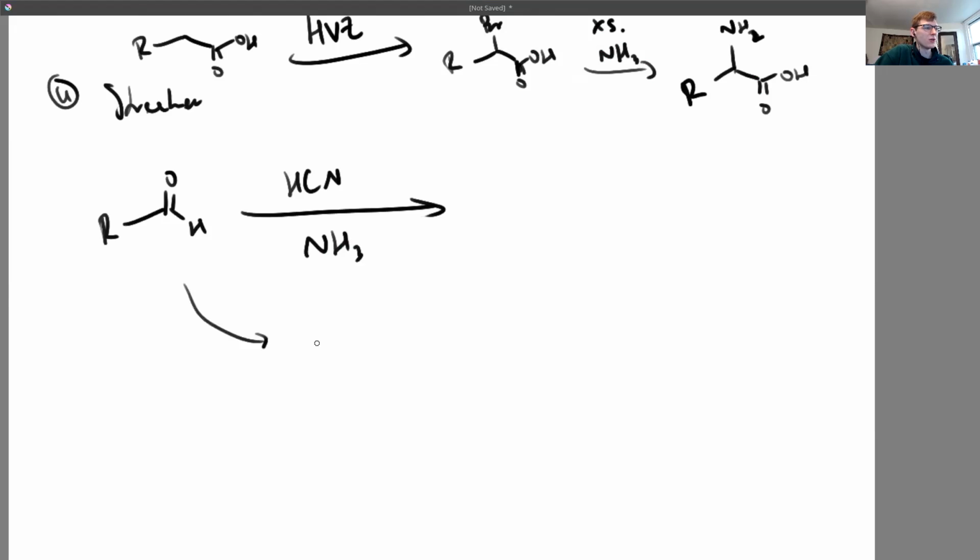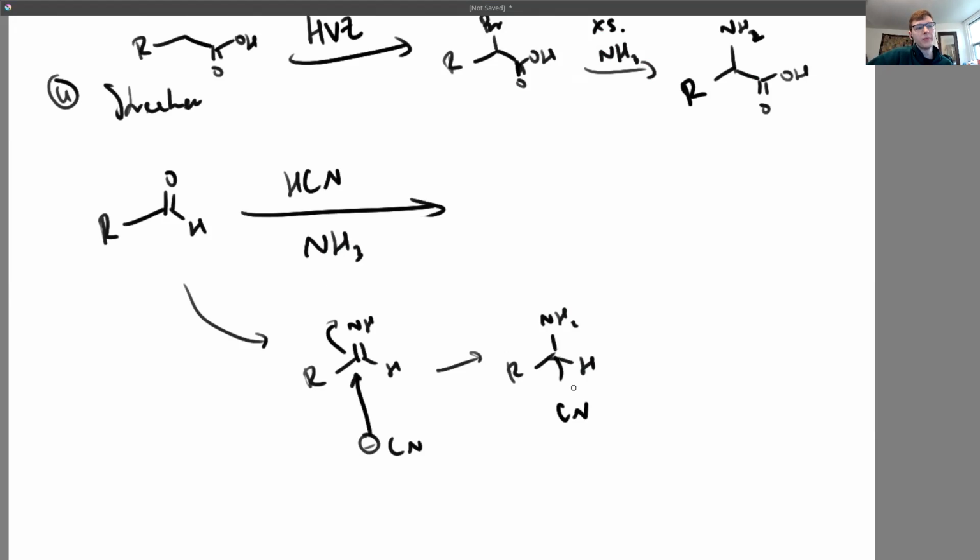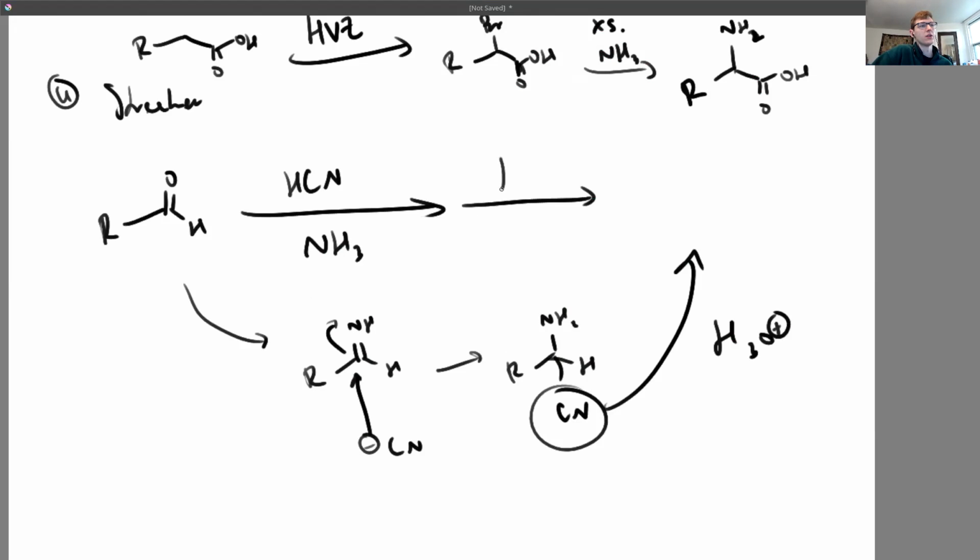Because the idea is that you want to turn this into an amine, and then have this CN. And then you can cleave this CN with acid. So this is a two-step thing.